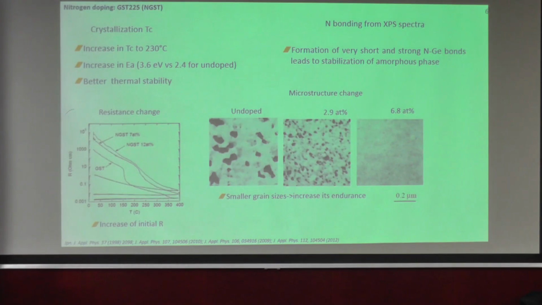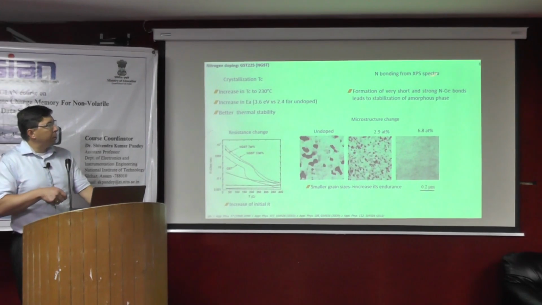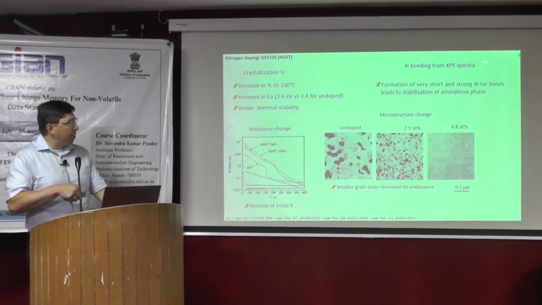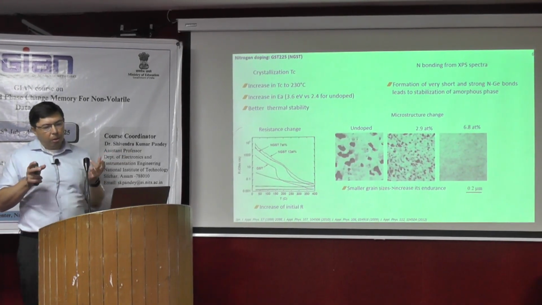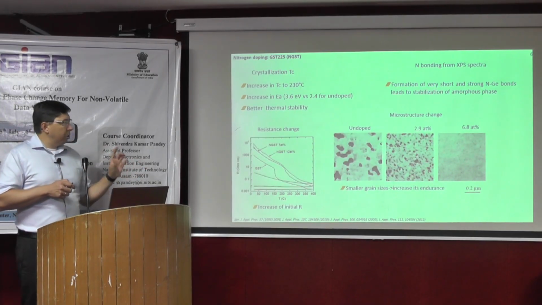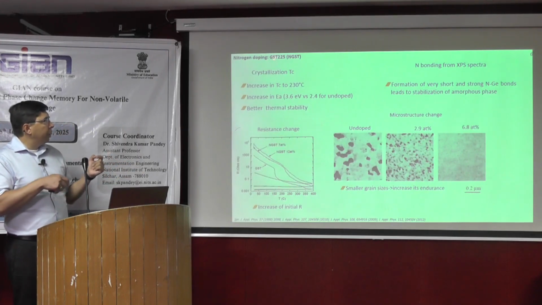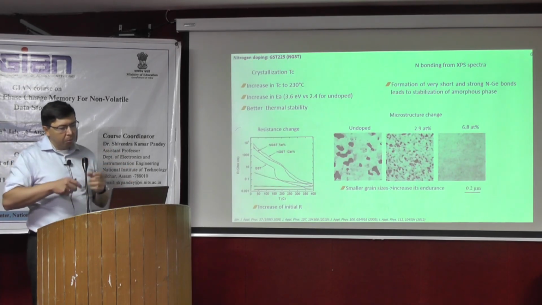Now, if you want to understand why your material's thermal stability is increasing, you can apply XPS, X-ray photoelectron spectroscopy, and here you can study the bonding in your sample. We know in amorphous materials you have germanium, antimony elements, and it's interesting to know how these impurities bond to each material.